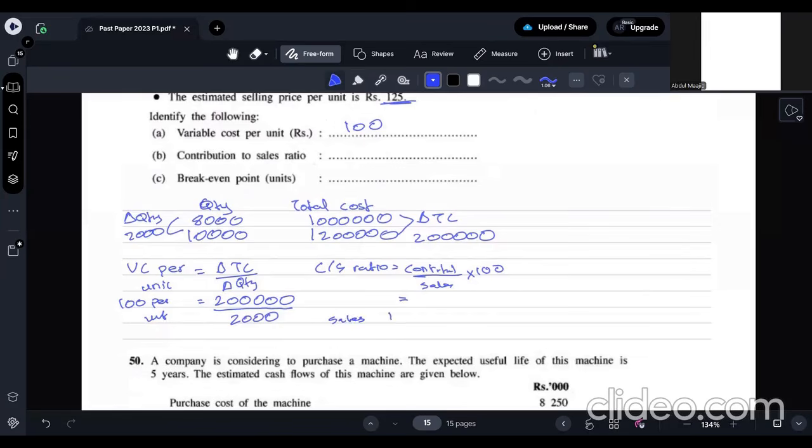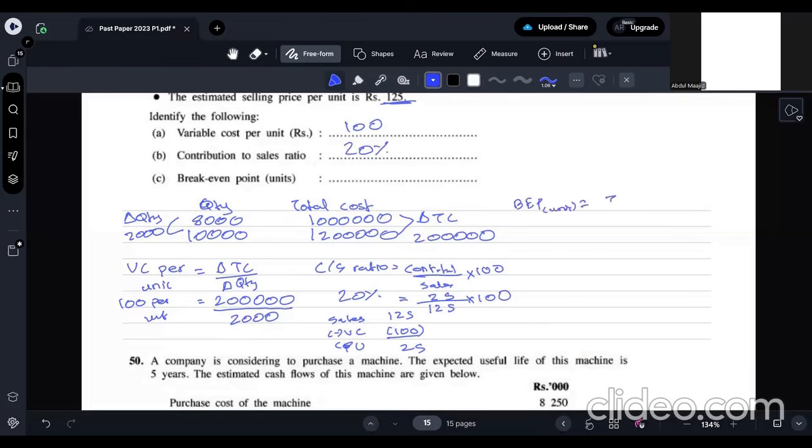Sales 125 minus variable cost 100. Contribution per unit will be 25. Contribution 25 divided by sales 125 into 100. C/S ratio will be 20%. Then break-even point.